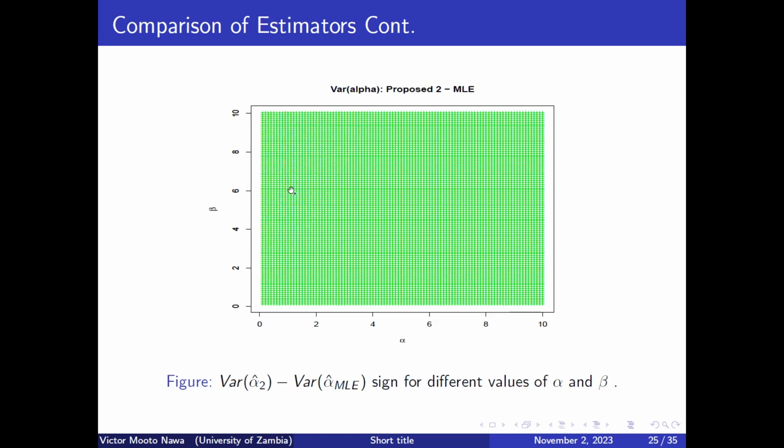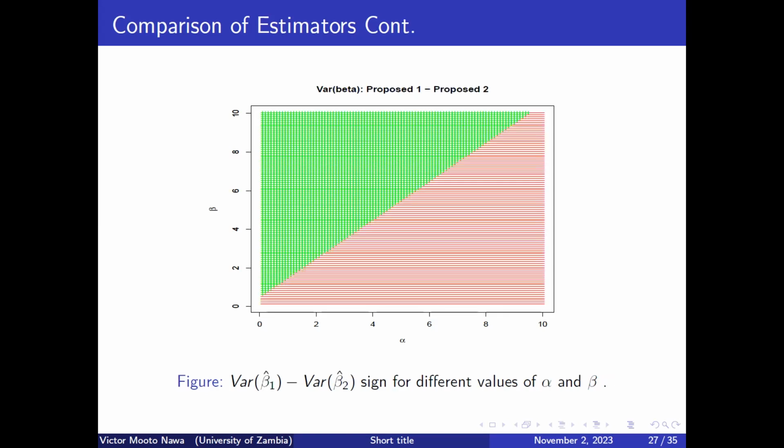And similarly, we do the same thing. We compare the second proposed estimator to the maximum likelihood estimator, and the maximum likelihood estimator is more efficient. So we do the same thing for TIK versus the maximum likelihood estimator. A similar picture emerges from there.